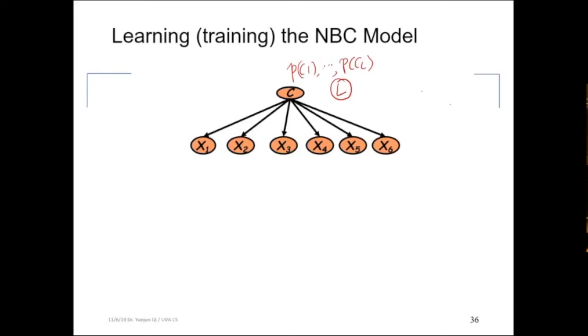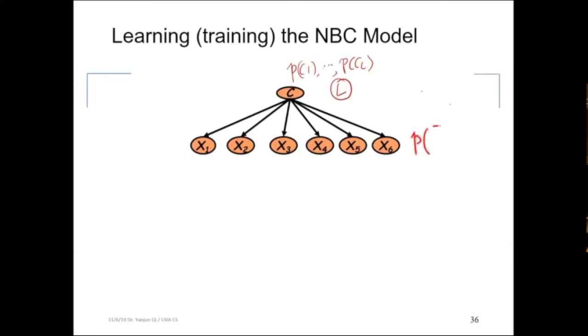That's exactly what it was trying to show, P(C), because each of these X features is conditioned on the parent C. And for each one of them, the variable I need to estimate is the possible values.